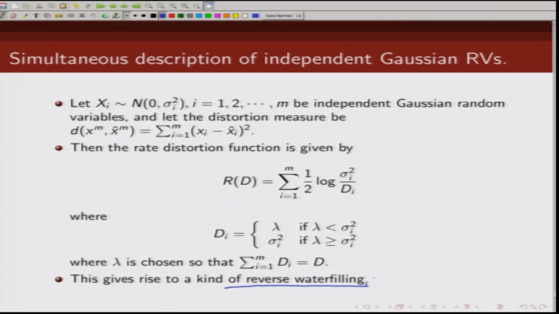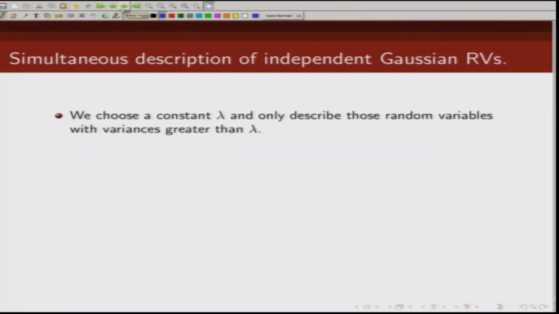In the case of the parallel Gaussian channel, we saw how we were allocating power. It was like putting water when you have various noise levels. Here it's a little different. Here we choose a constant lambda and we only describe those random variables which have variance greater than lambda.